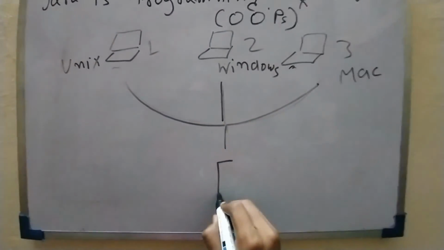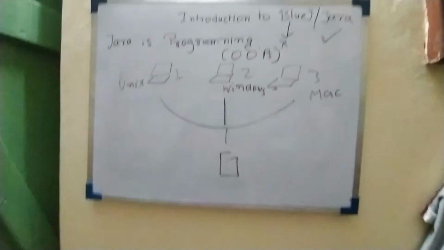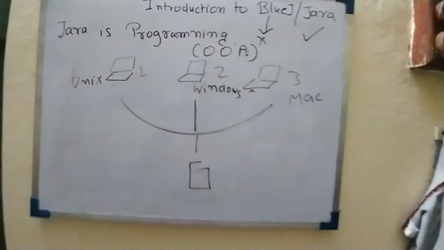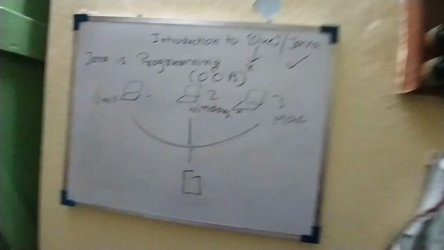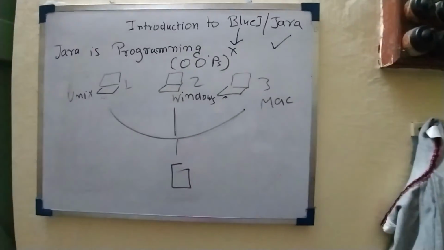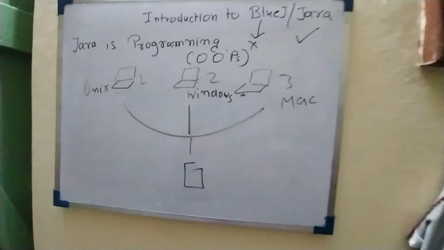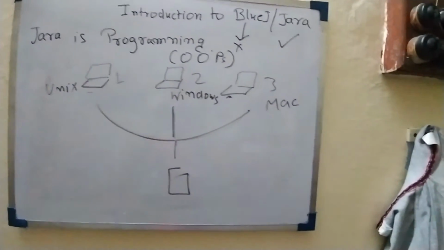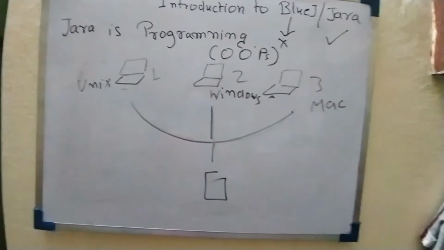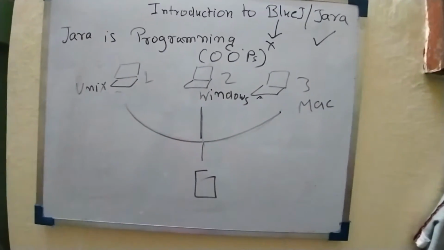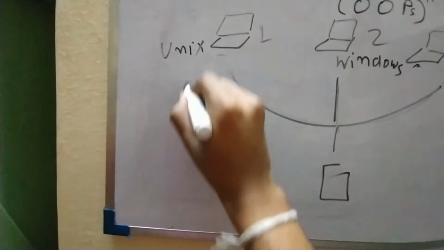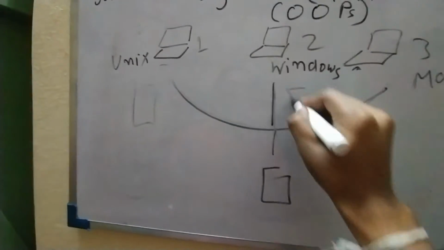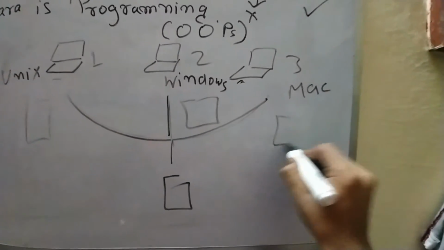You have written some code, and each of them has a different way of interpreting the code. So none of these machines will understand what is actually meant by that. Neither Unix, Windows nor Mac will understand the actual code, and you have to compile it to different languages: a Unix language here, Windows language here, and Mac language here.